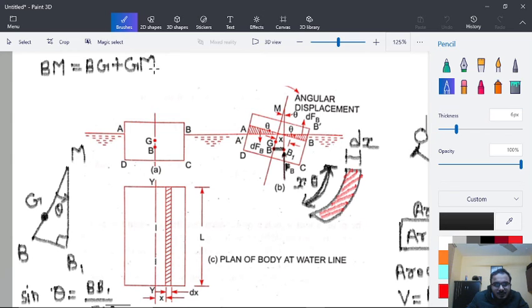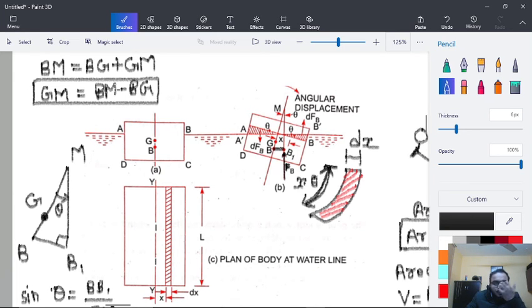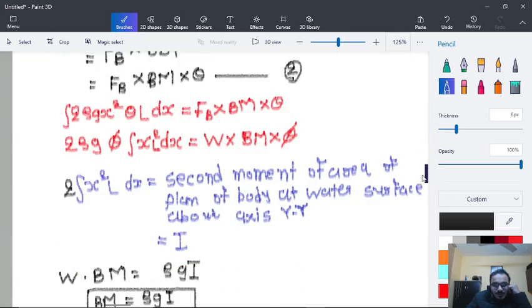As we require the value of metacentric height, GM is equal to BM minus BG.